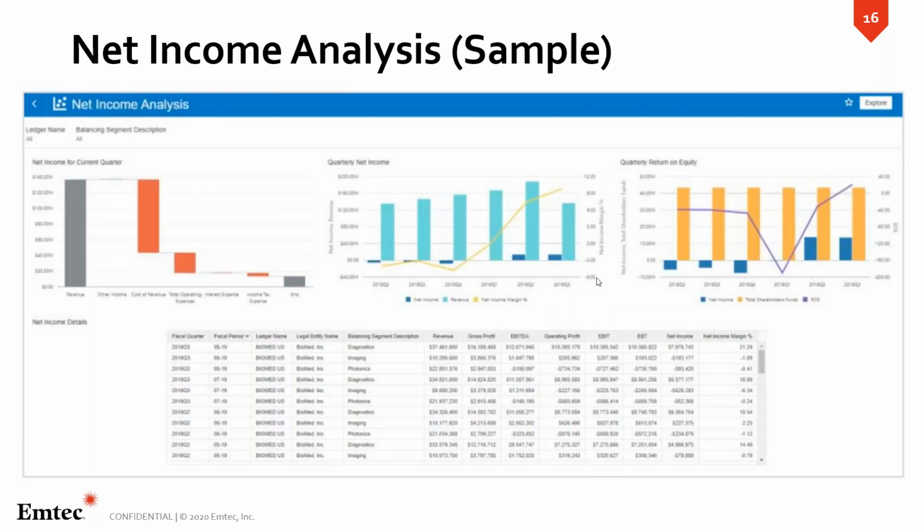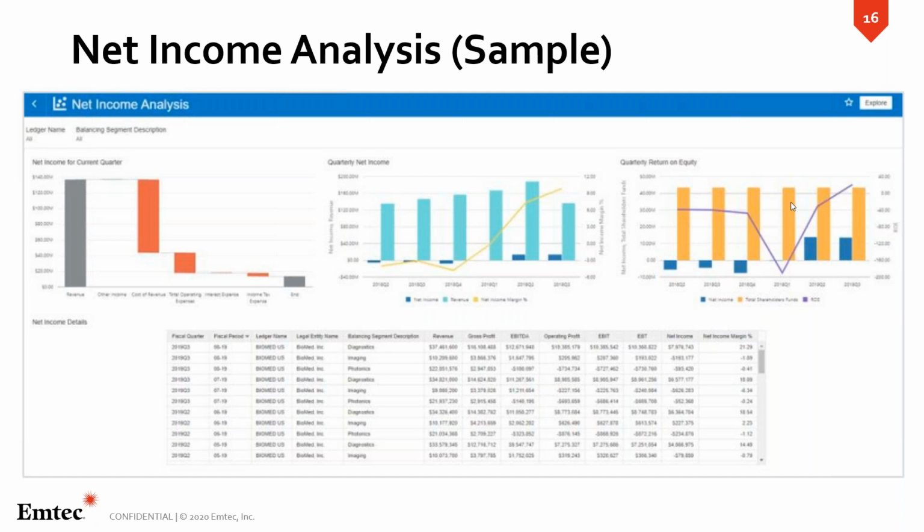Similarly, we have a net income analysis example, again with both summary and detailed data below it. As you update or click on this data, you'll see the detailed data change appropriately. Again, these are just sample dashboards.